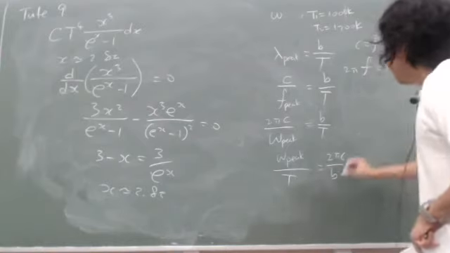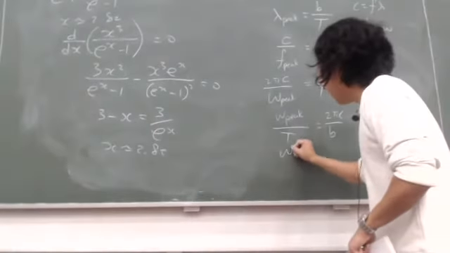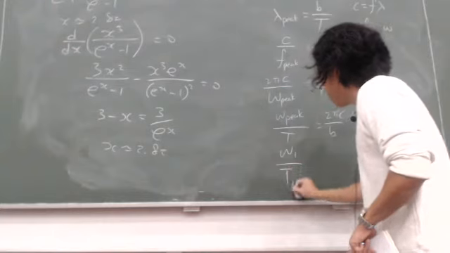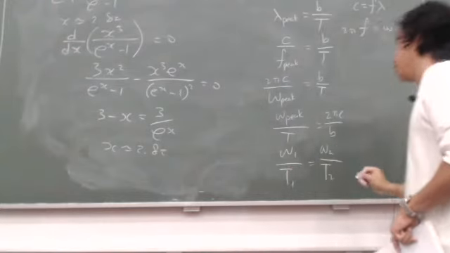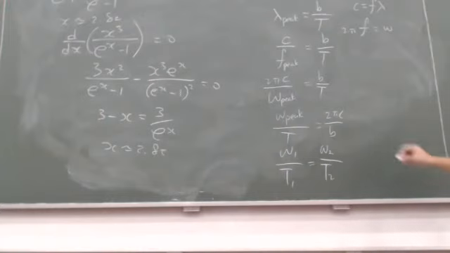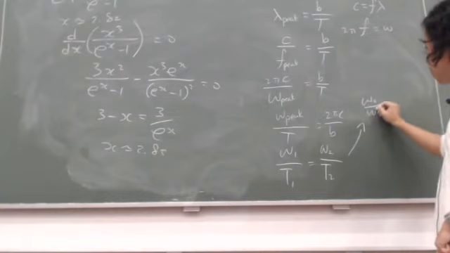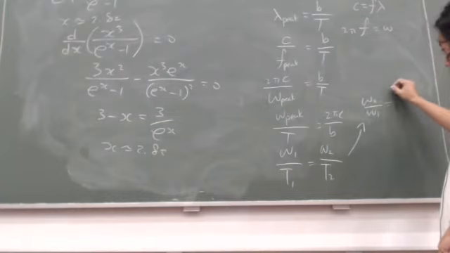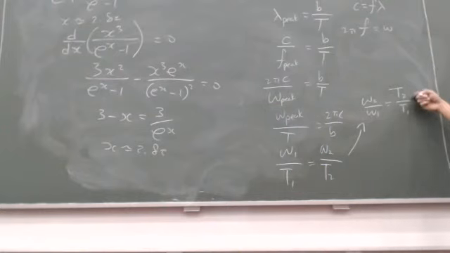So omega 1 divided by T1 is equal to omega 2 divided by T2 at a different temperature. Now I want to find omega 2 divided by omega 1, which is equal to T2 divided by T1. I put in T2 as 1200 Kelvin and T1 as 1000 Kelvin, so that's equal to 1.2.